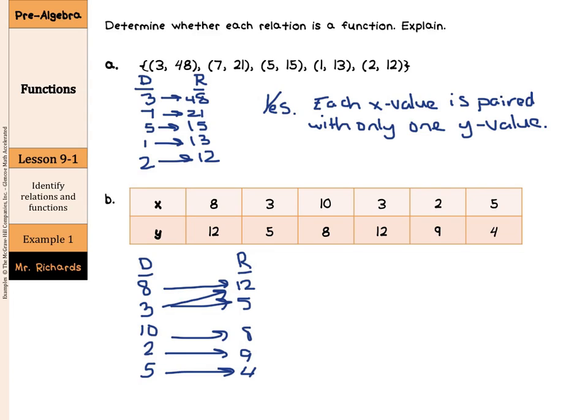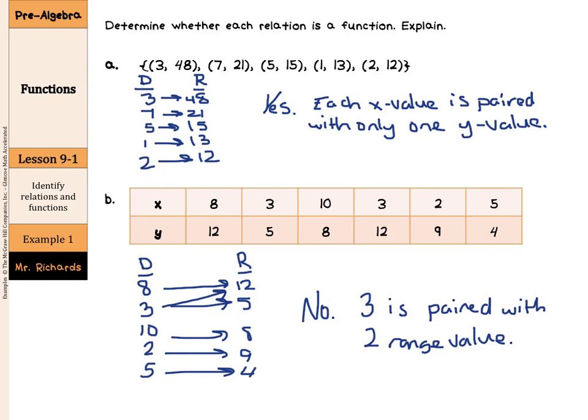Well, here, since this 3 is going with a 12 and a 5, it does not have exactly one element of the range. So our answer is no, because 3 is paired with 2 range values. Remember, for this to be a function, each element of the domain is paired with exactly one element in the range, not 2.